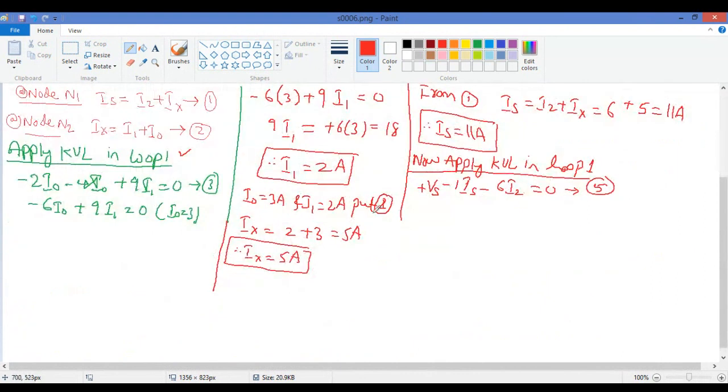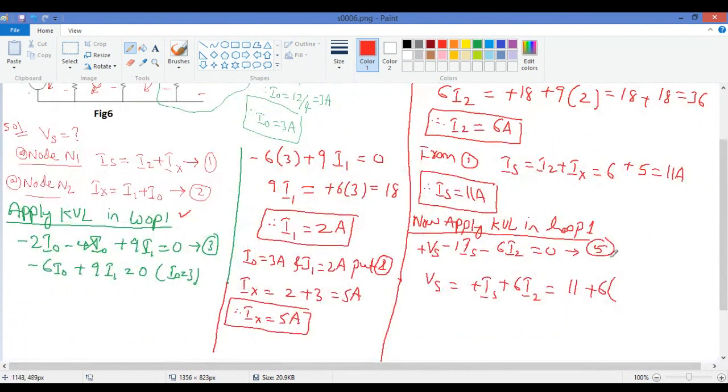Now let us solve it. Vs is equal to plus Is plus 6 I2. Is is 11 ampere plus 6 into I2. How much is I2? I2 is 6 ampere.